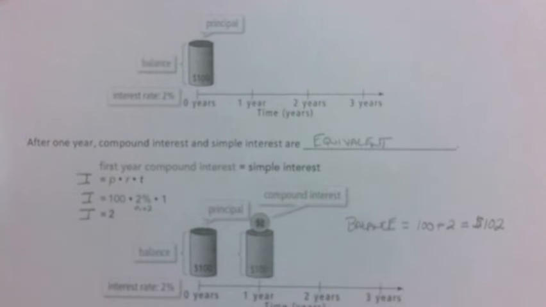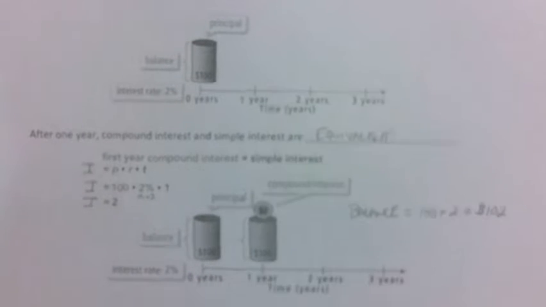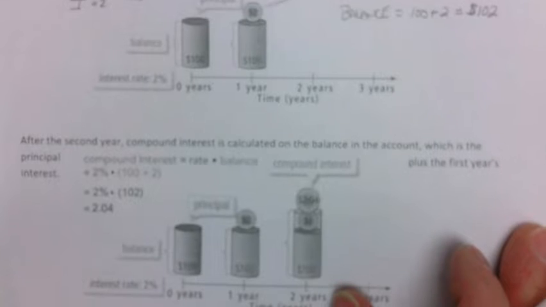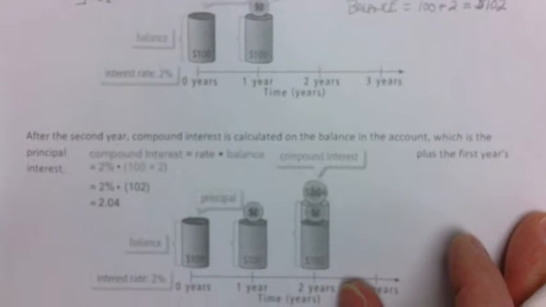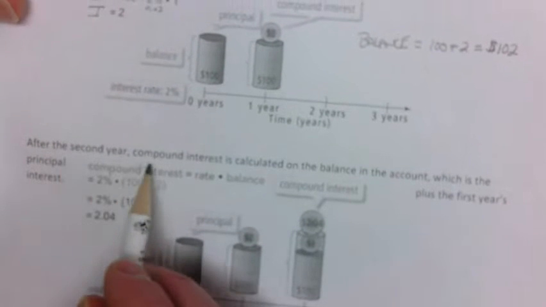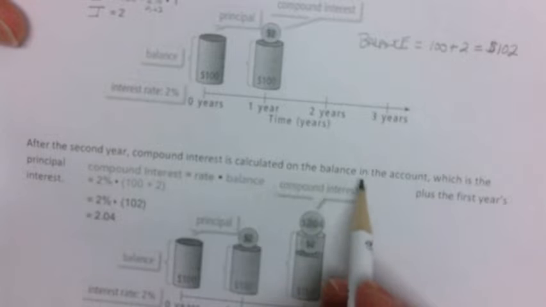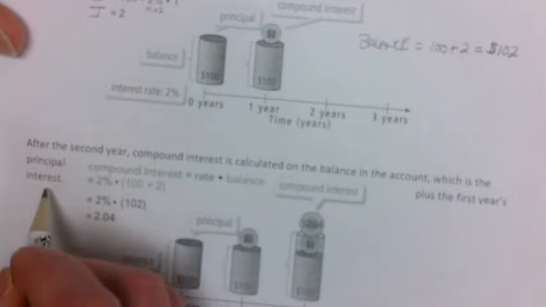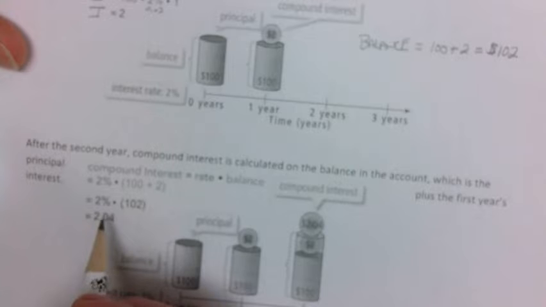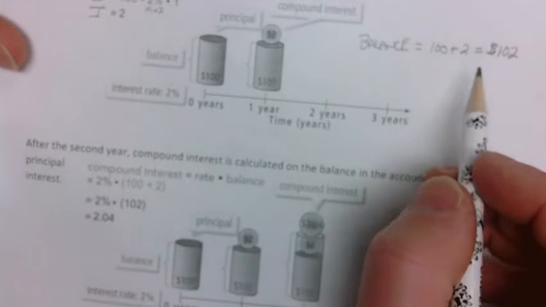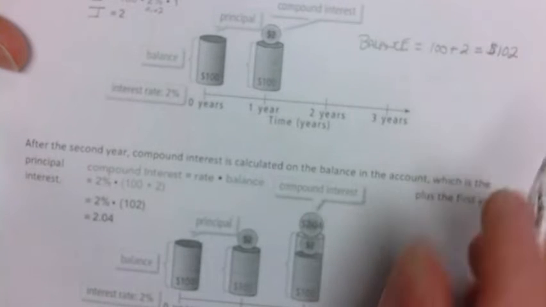Let's see what happens in our second year. So here we are at year number 2. After the second year, compound interest is calculated on the balance in the account, which is the principal plus the first year's interest. So we're going to take the balance from the first year, which we said was $102.